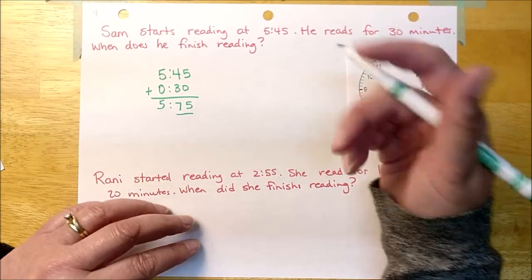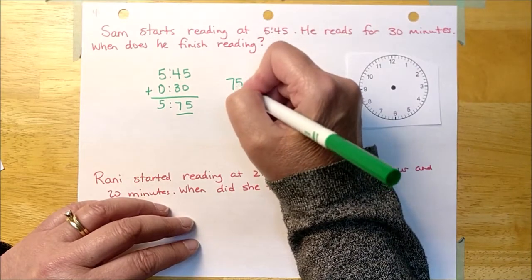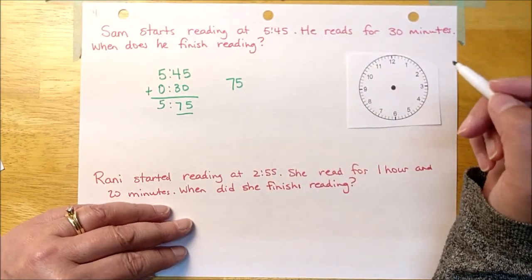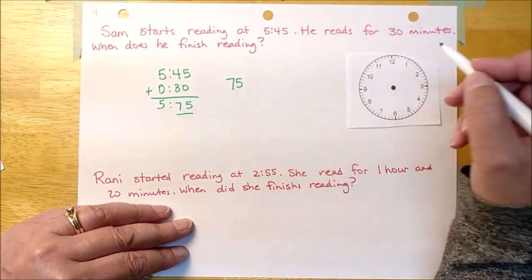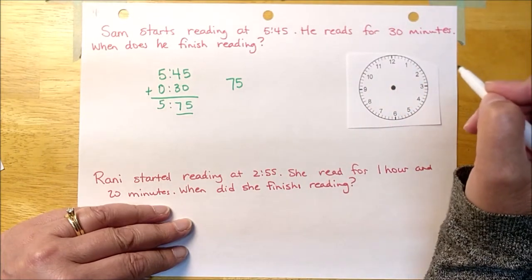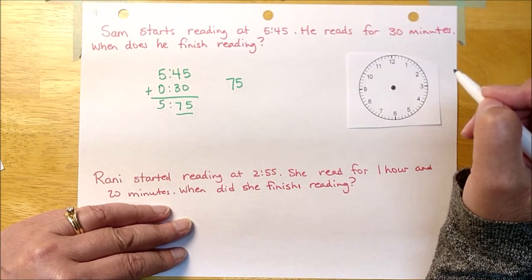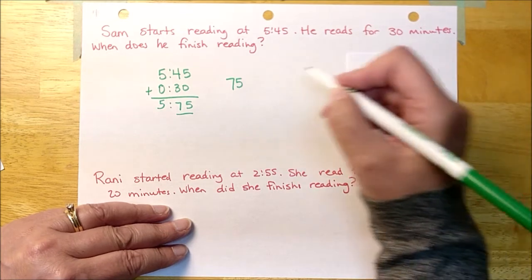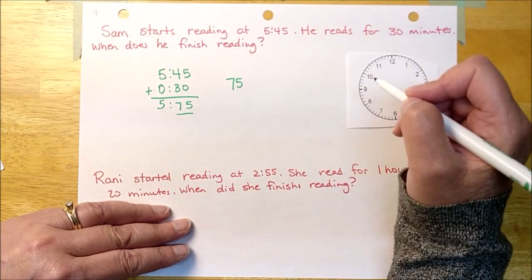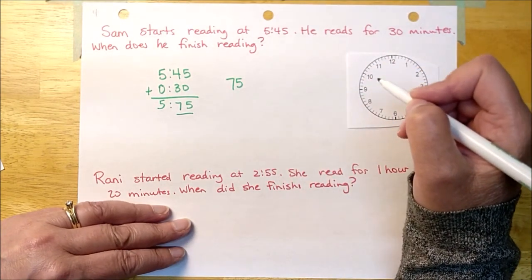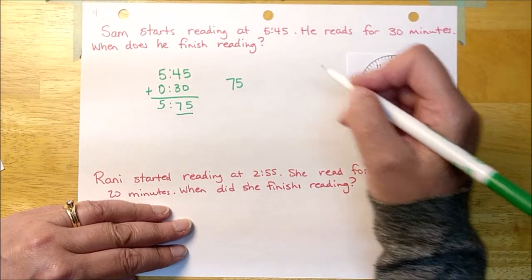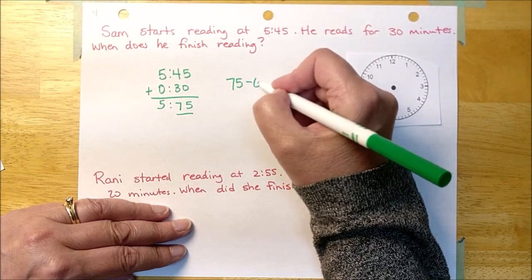So we had 75 minutes. And at 75 minutes, how many minutes in an hour? You're right, there's 60 minutes in an hour. So if we're going to regroup 75 to hours and minutes, we need to subtract that hour.